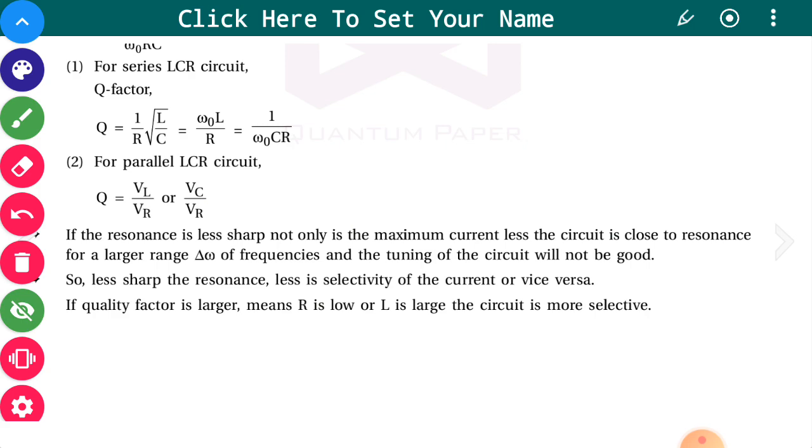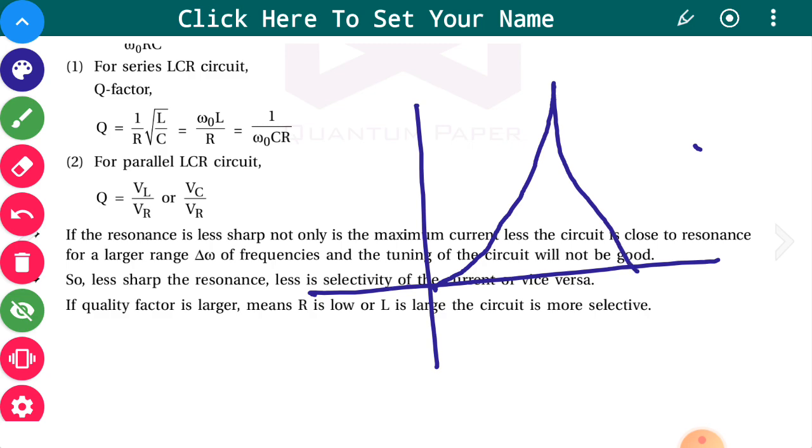If the resonance is less sharp, not only is the maximum current less, the circuit is close to resonance for a large range delta omega of frequencies, and the tuning of the circuit will not be good. Try to understand. If this kind of graph is there, then there is a sharp tuning.